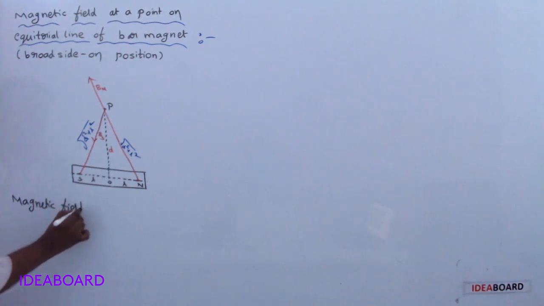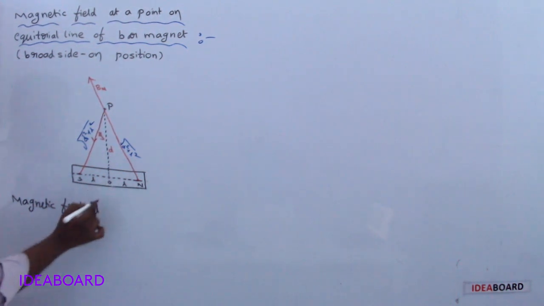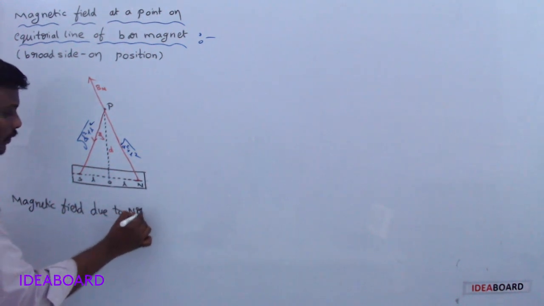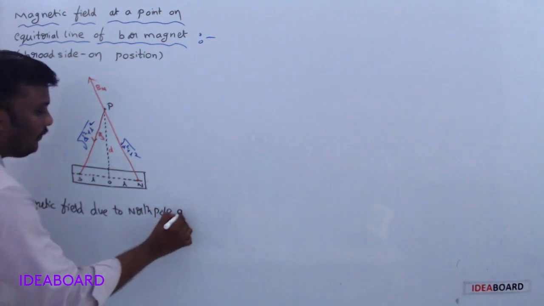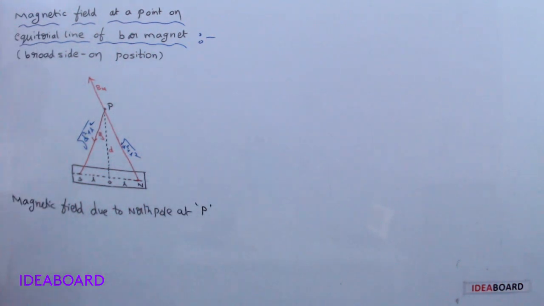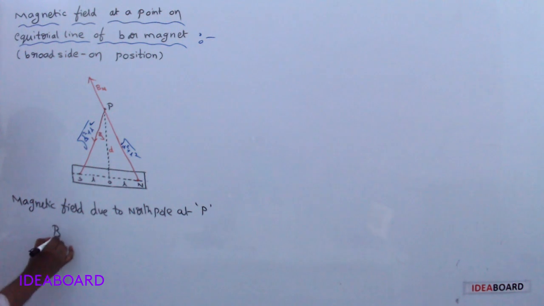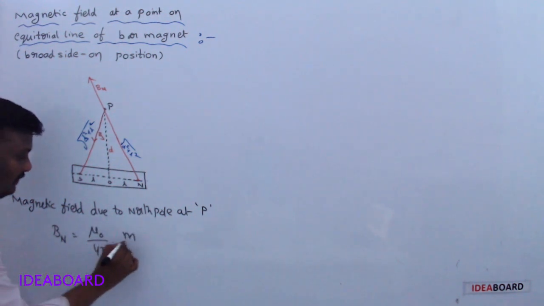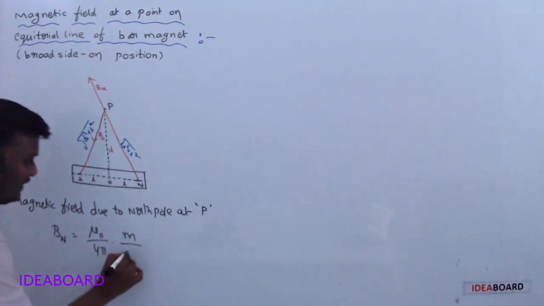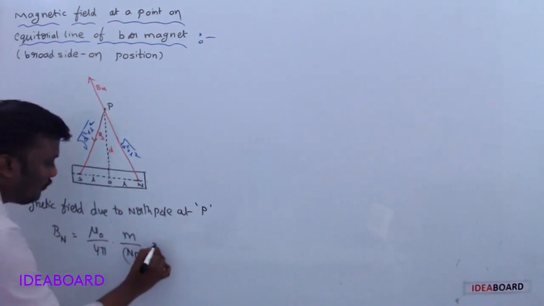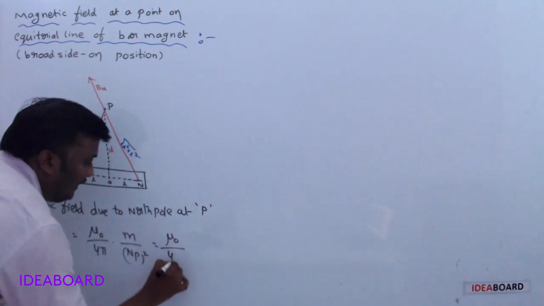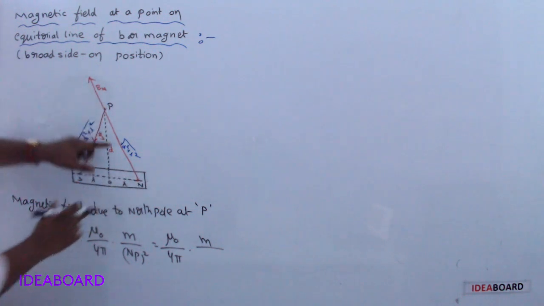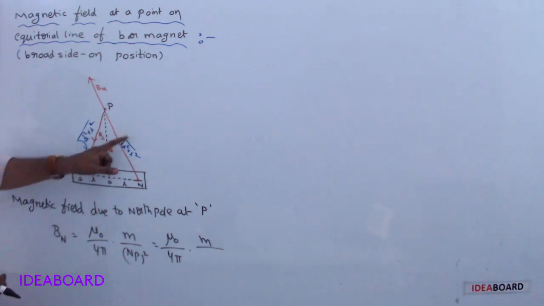Magnetic field due to north pole at P. The value Bn is equal to mu naught by 4 pi, m by distance NP whole square, that is equal to mu naught by 4 pi, m by NP value, d square plus l square whole power 1 by 2.